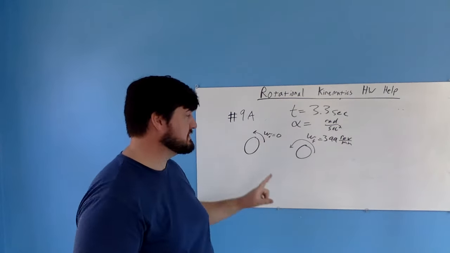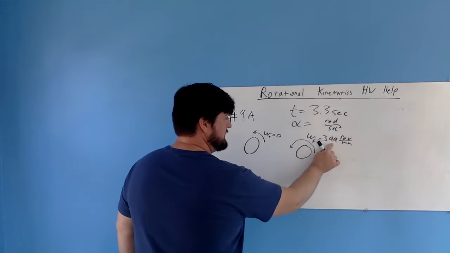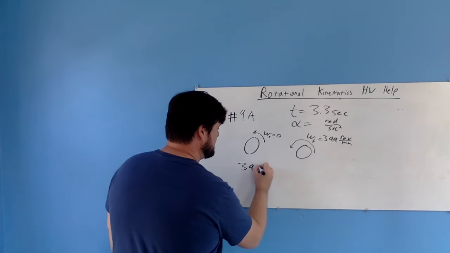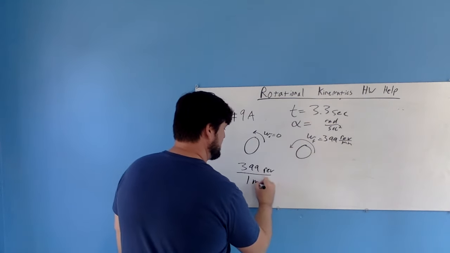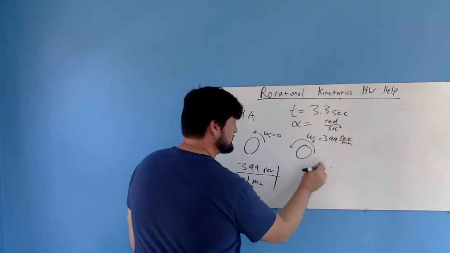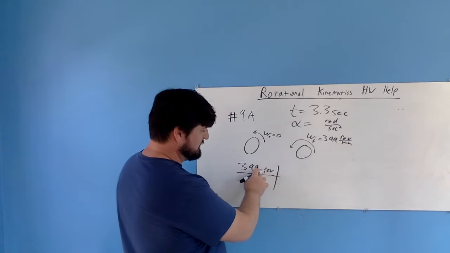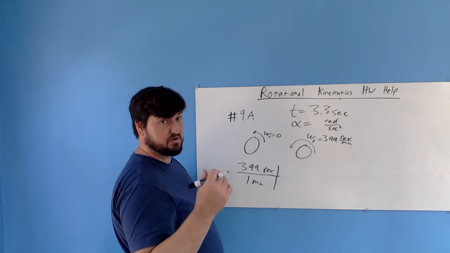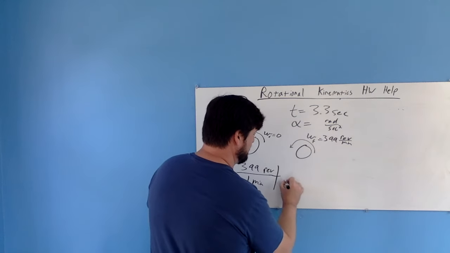The first step is railroad tracks, the dimensional analysis. We need to get 399 revolutions per 1 minute into radians per second. How many radians are there per 1 revolution? Revolutions are on top, so revolutions have to go on the bottom.